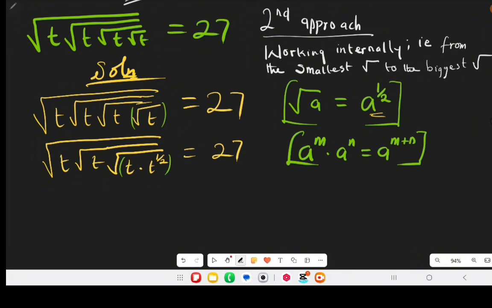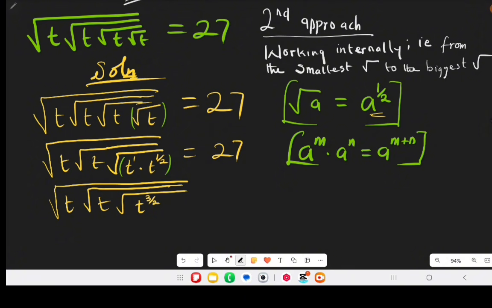Then we have root of t, root t. If we apply that here, we have power 1 here, meaning 1 plus half will give us t raised to the power of 3 over 2. When you add 1 plus half, we have 3 over 2.